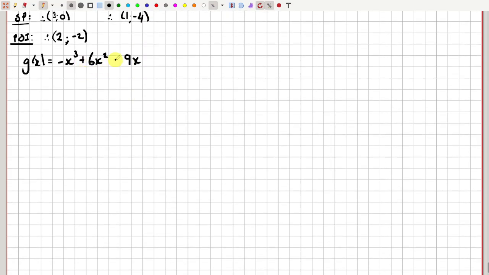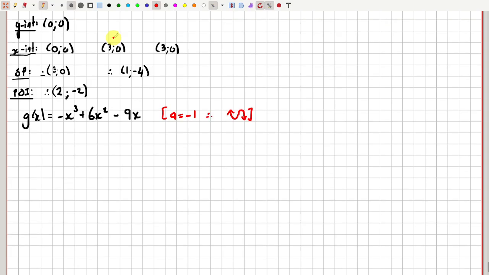Okay. So what we see over here is that the a value, the value that's attached to x cubed, is equal to negative 1. Because it's negative, we know it's going to be a frowny at the end. So it's going to look something like this at the end, which means the initial part should be smiley. Okay, but let's see if what the values that we've calculated, if this is true for this one.